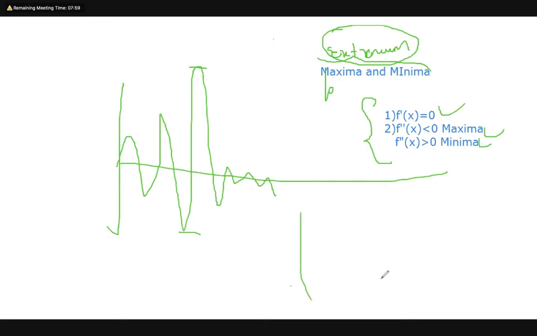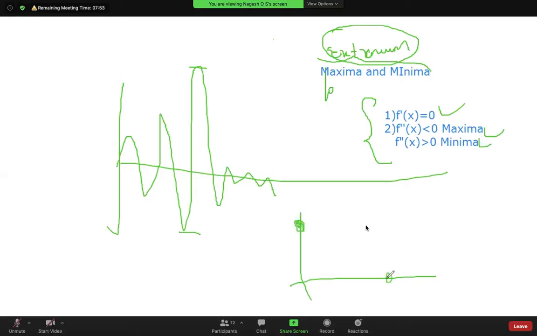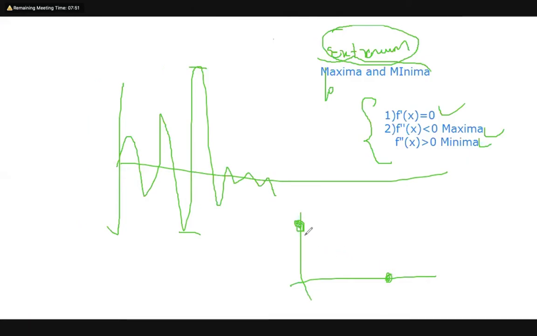When I told the Brachistochrone problem, for a cricket ball reaching from one point to another, what is the minimum time? So minimum means extremum, minimum time. Then the electric pole also: what is the minimum length between these two poles?